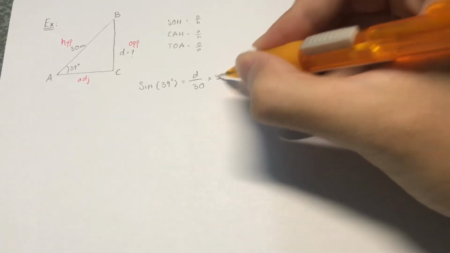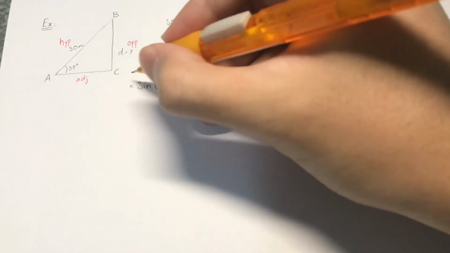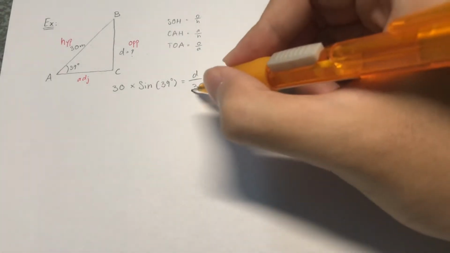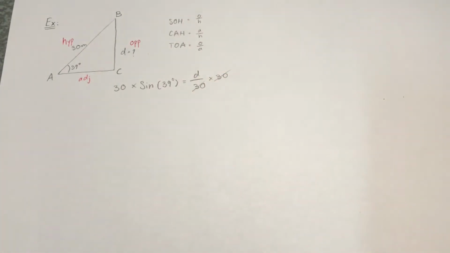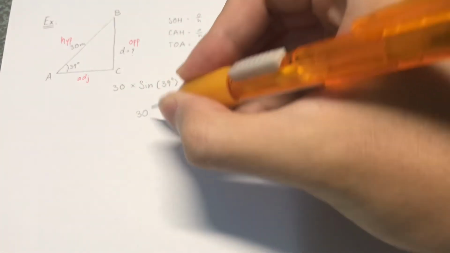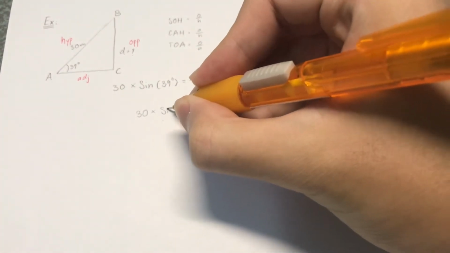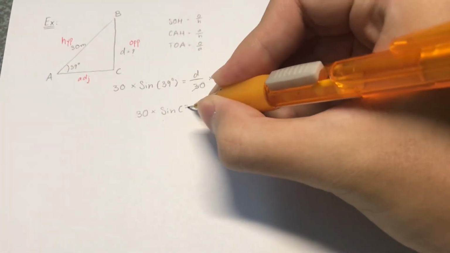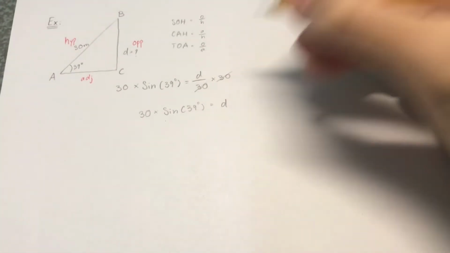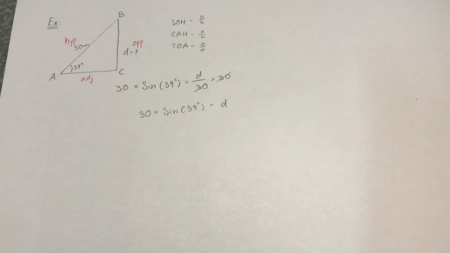Multiply both sides by 30 and cancel it to get rid of the denominator. After you cancel 30, you are left with 30 times sine 39 degrees equal to D, and multiply it.